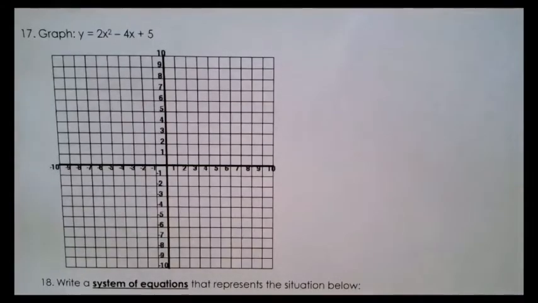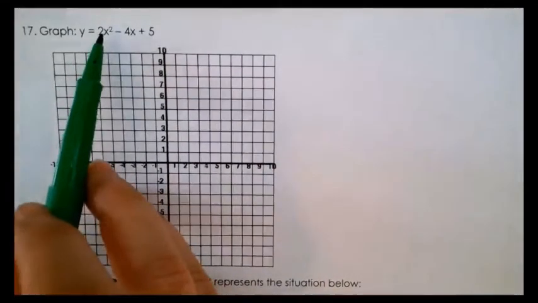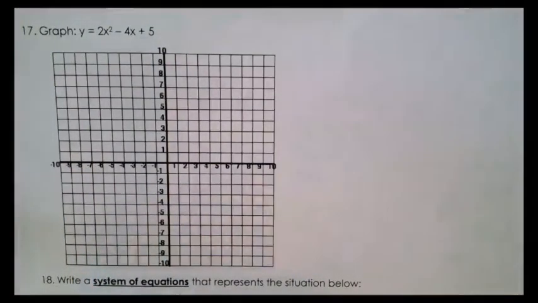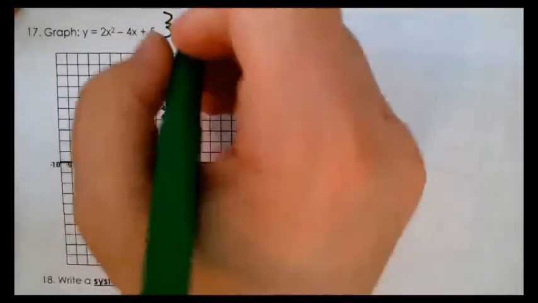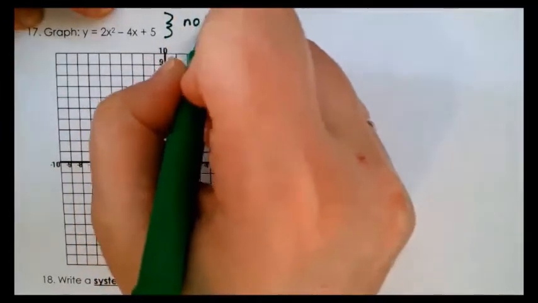Number 17. Y equals 2x squared minus 4x plus 5. Graph it. Well, we're looking at a quadratic because we notice that it has an exponent of 2. But this quadratic, unlike a previous problem, is not in vertex form.